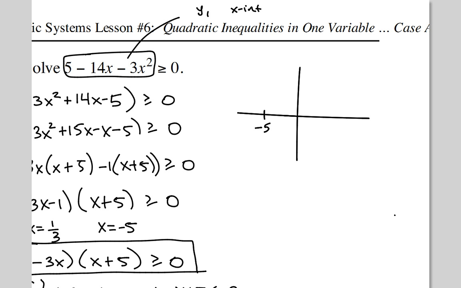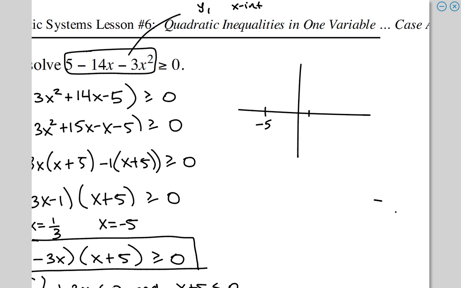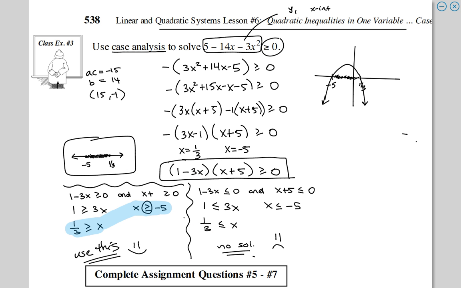Negative 5 and 1/3. Because this thing opens down, it looks like this. So like where is it positive? Well, on this region. You can see the curve goes above. So it's really a simple idea, but the algebra can really toss you around.